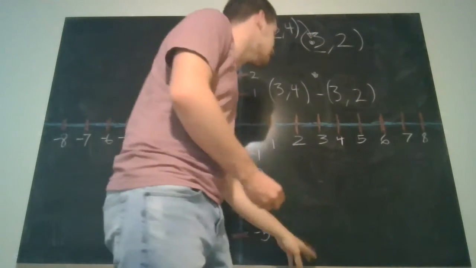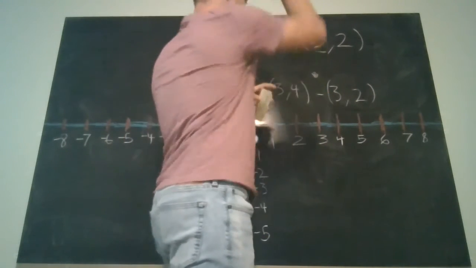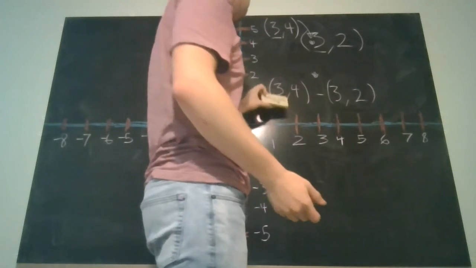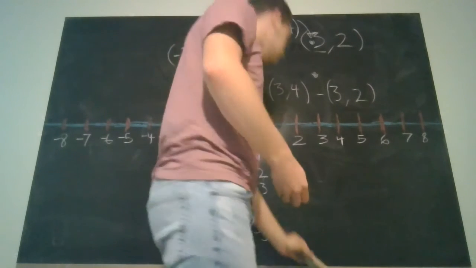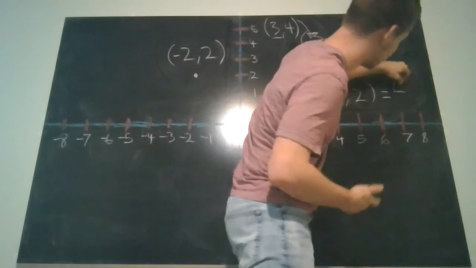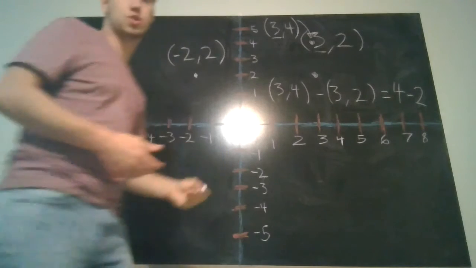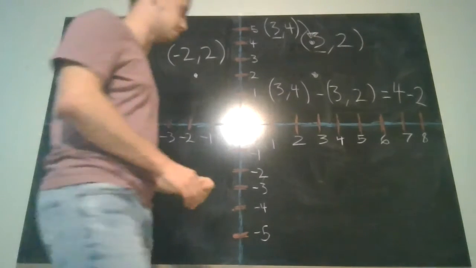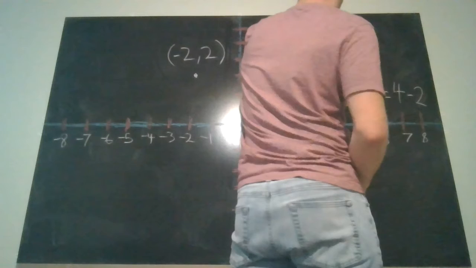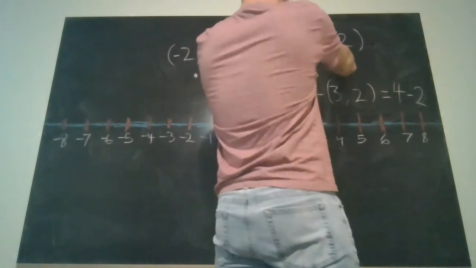Since our 3s are the same here, since they're both the same in the x-coordinate, we only need to worry about the y-coordinate, so 4 minus 2. And I will trust that you know enough math to say 4 minus 2 is 2, so the distance between these 2 points is 1, 2. These 2 points are 2 units apart.